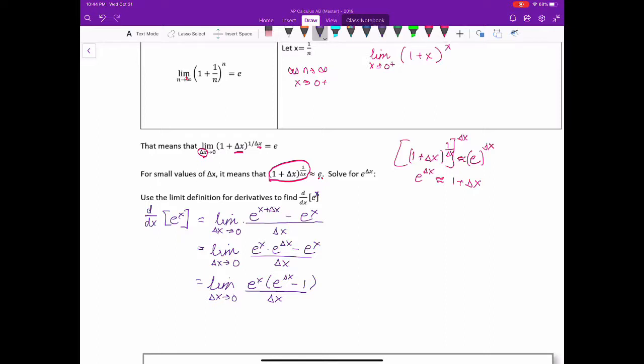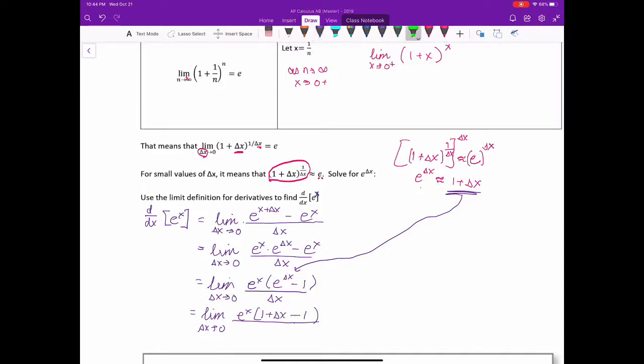And I just discovered, provided that delta x is approaching 0, which it is in this limit, that e to the delta x is approximately 1 plus delta x. So I'm going to go ahead and substitute that in. So we get the limit as delta x approaches 0 of e to the x over, okay, 1 plus delta x and then minus 1.